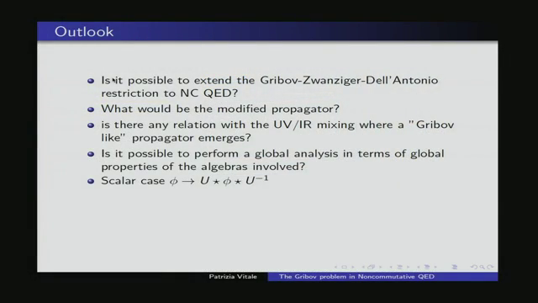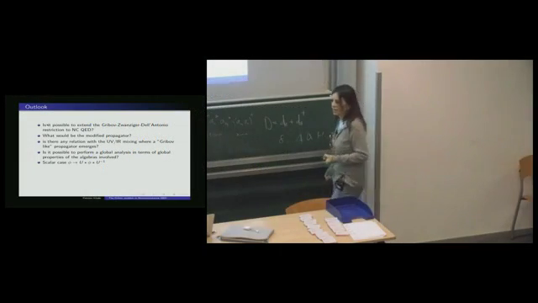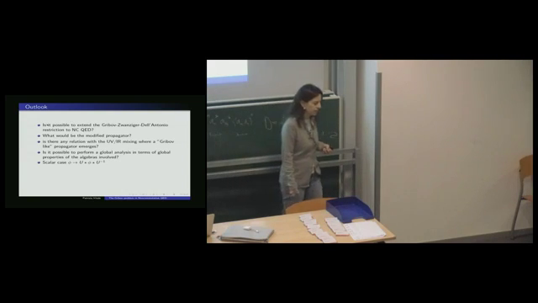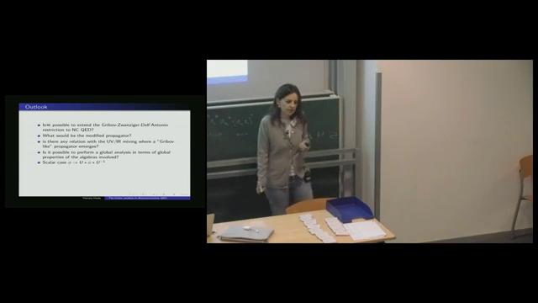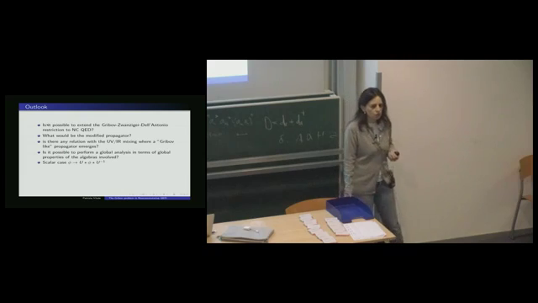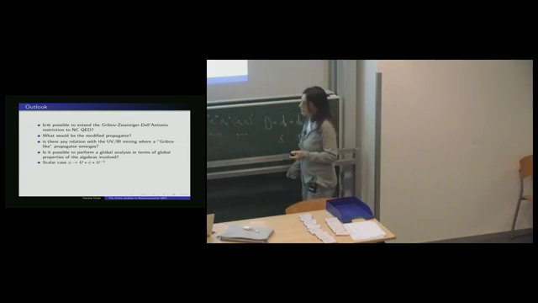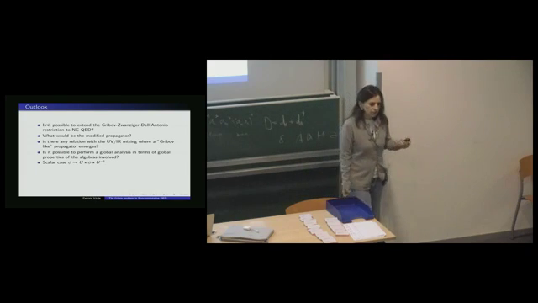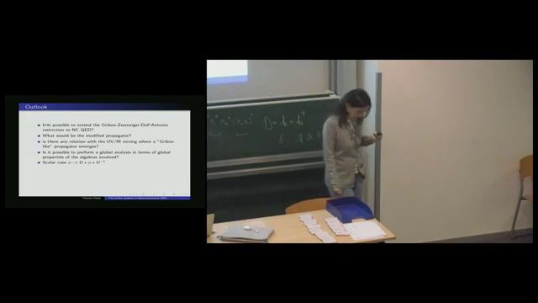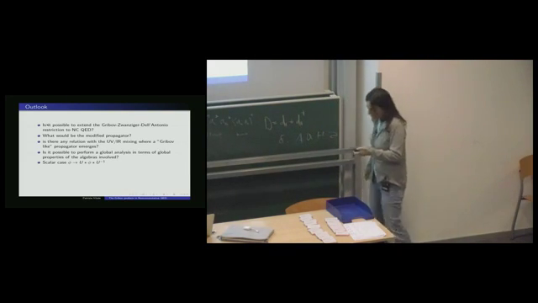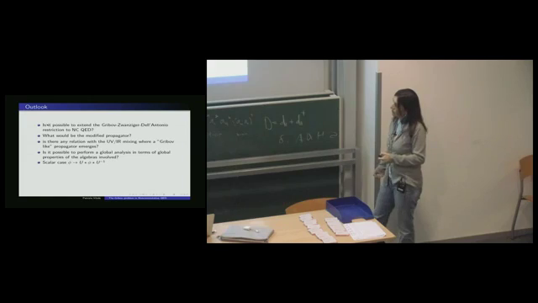But let me go back to this point here. We thought that in order to answer the question, is there a relation between the mixing and the appearance of copies, since the mixing is a problem already in scalar non-commutative theory, where there is no gauge, probably we should look at a scalar theory, remove the gauge complexity, and look for some symmetry of the scalar action.